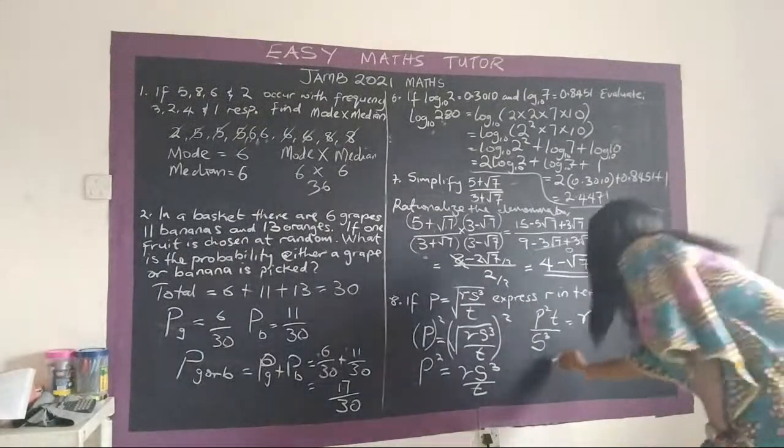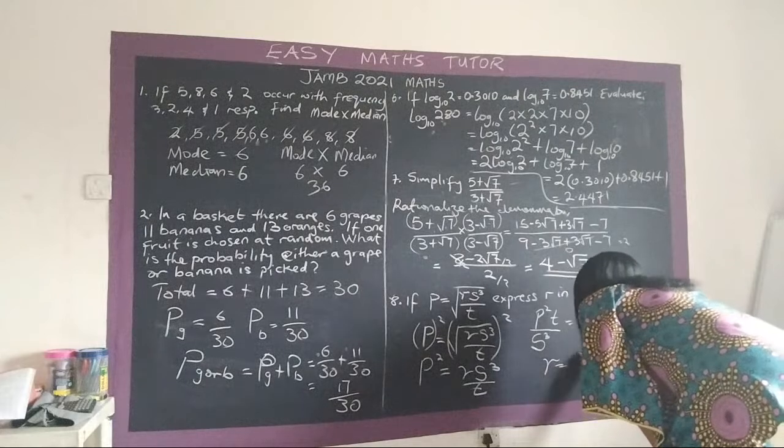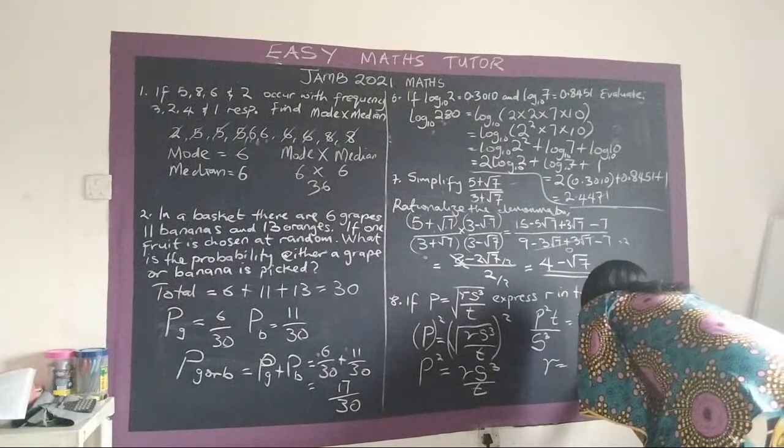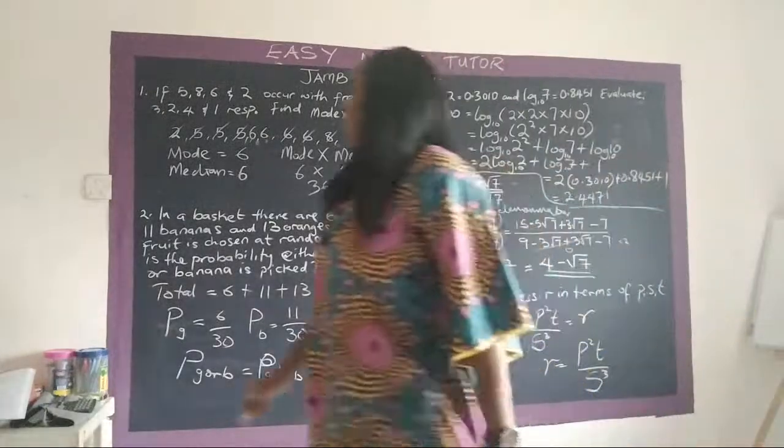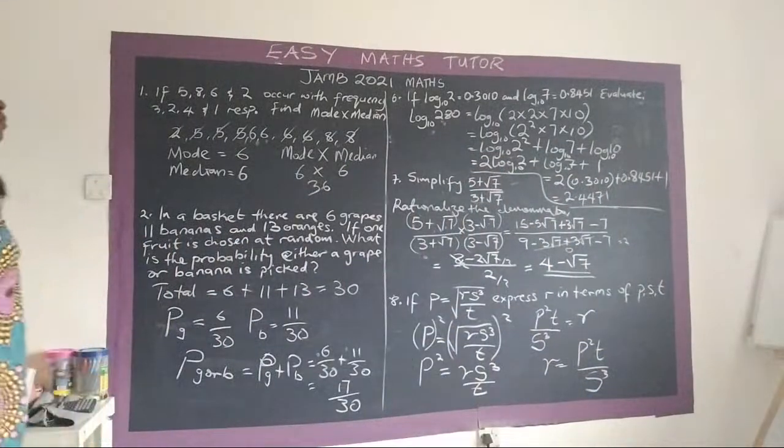So r is equal to p squared t over s cubed. This is the solution and the answer to this problem.